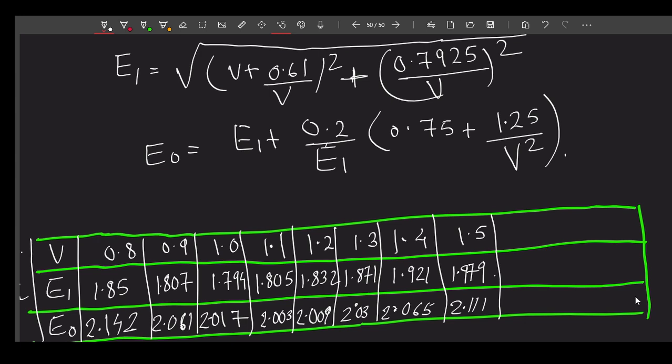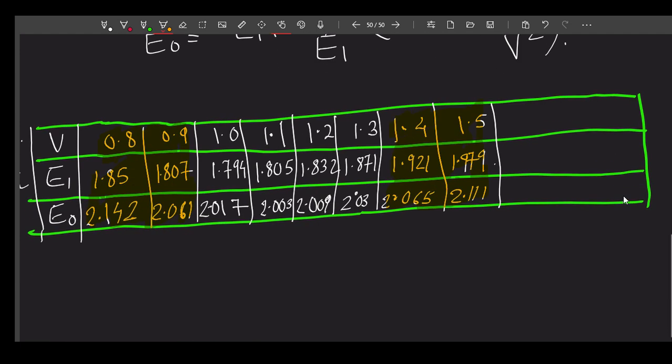The two terminal points, if you take this segment and this segment. The investigation was started with the objective of finding the value of V when E naught is 2.1. Now both these are satisfying this. So how to proceed?